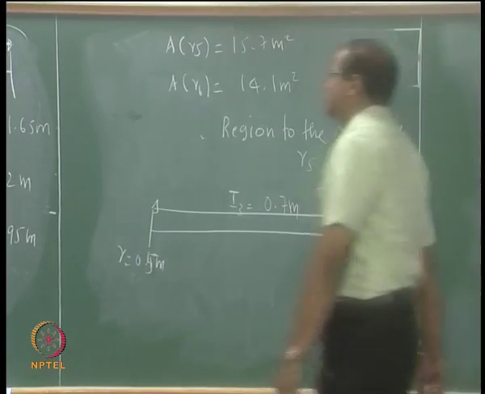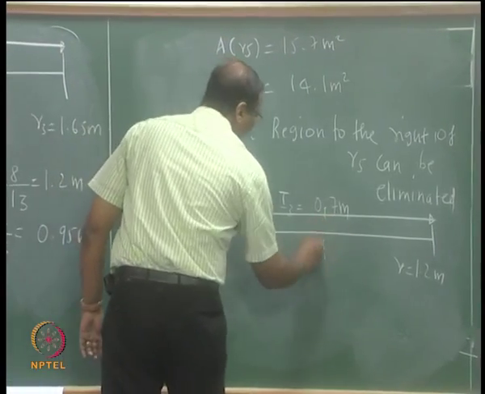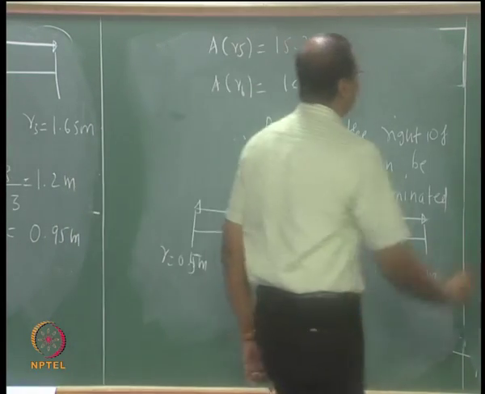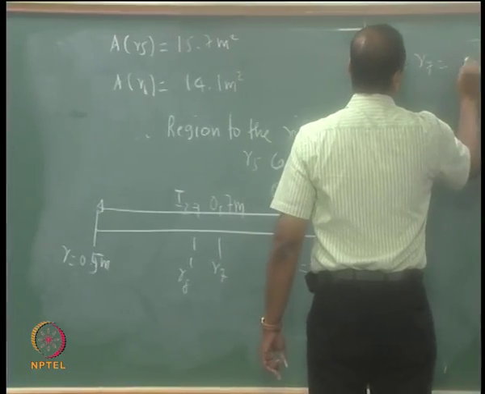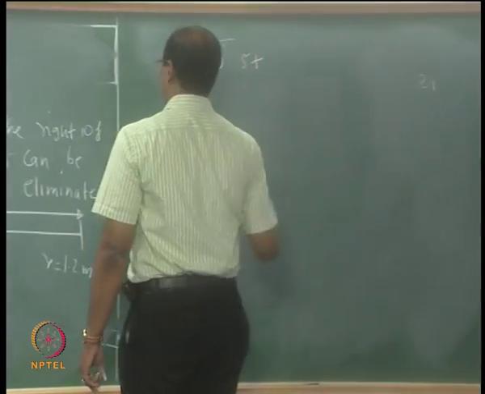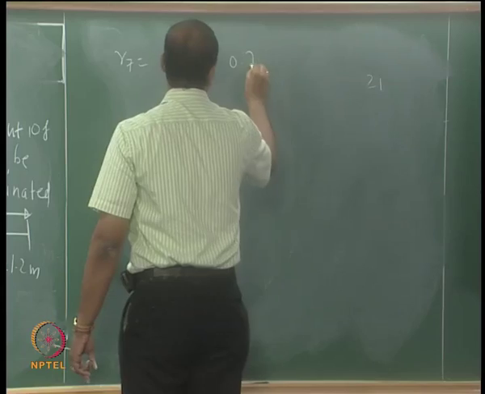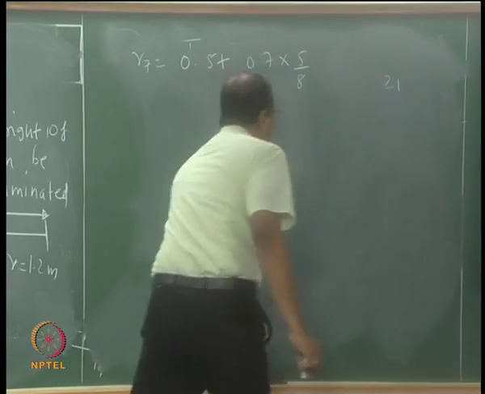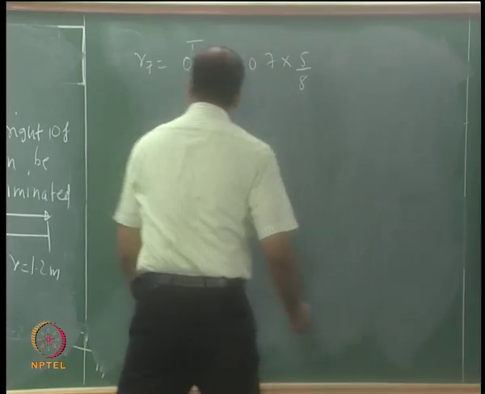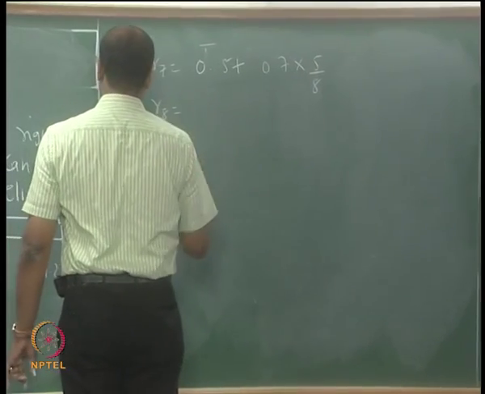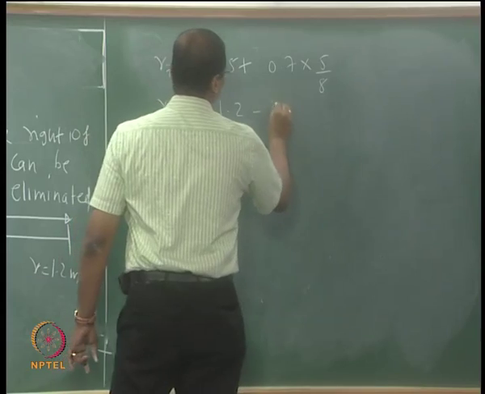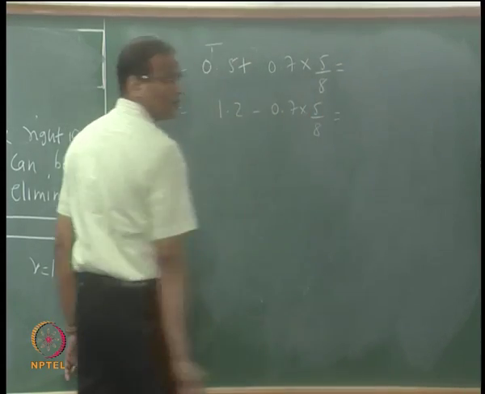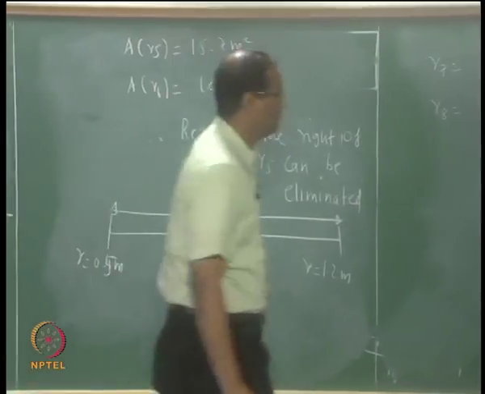Yes, now take 2 points 7 and 8. So R7 0.5, to 5 by 8, right? Point 94.